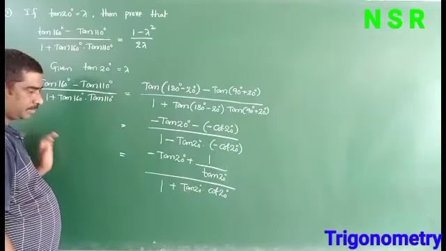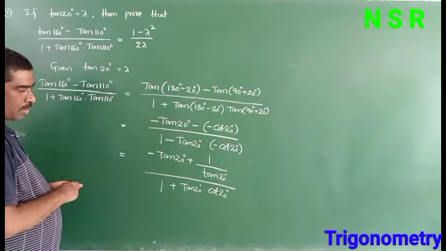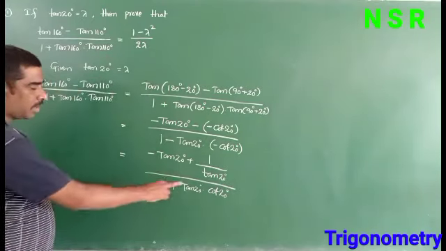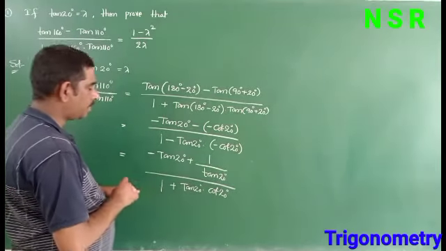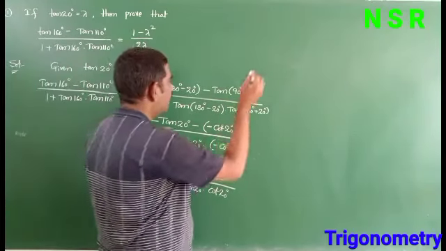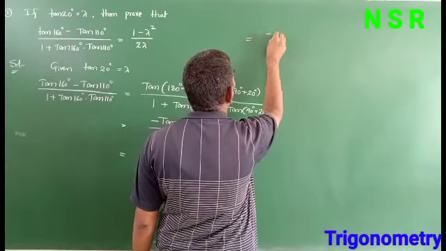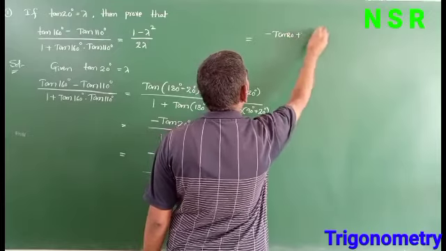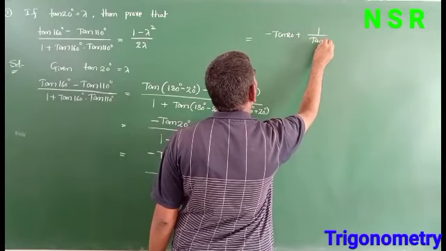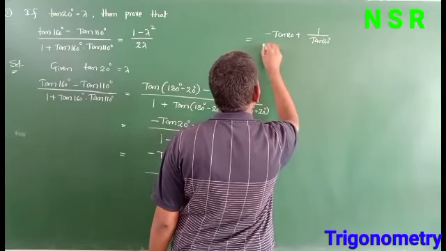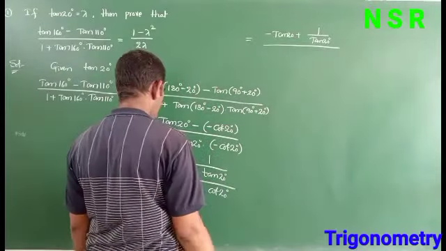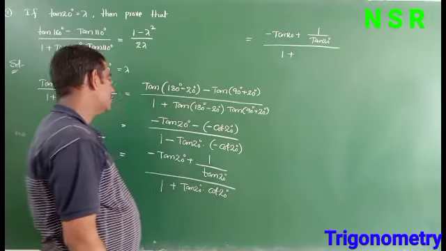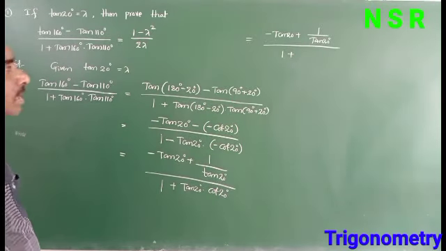So cot 20 we write as 1 by tan 20. So here it is equal to minus of (tan 20 plus 1 by tan 20) by 1 plus, and directly substitute in place of tan 20.